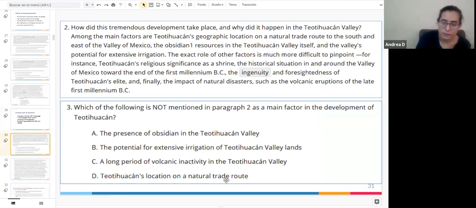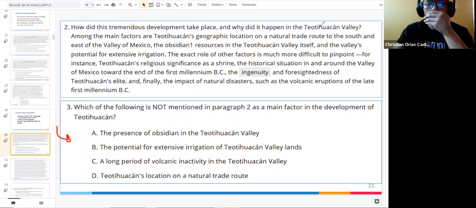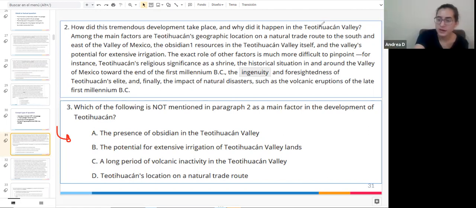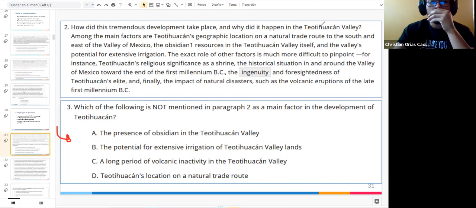We have this question here. So will anybody please read the question and the options? Yes, teacher. Okay, thanks. So one of you two guys can go ahead. You first. Okay. Which of the following is not mentioned in paragraph 2 as a main factor in the development of Teotihuacan?